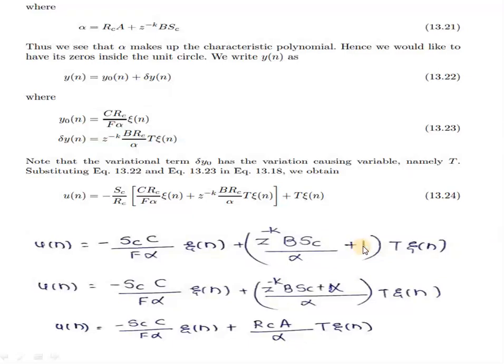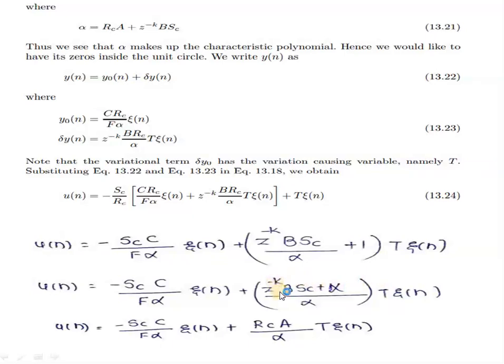That's why plus 1 comes here, and the common term is right here, tau into zeta of n. Now u of n is equal to minus sc into f of alpha into zeta of n, same as it is, and plus we have written this alpha, which comes out to be z raised to minus k beta sc plus alpha divided by alpha and tau into zeta of n.